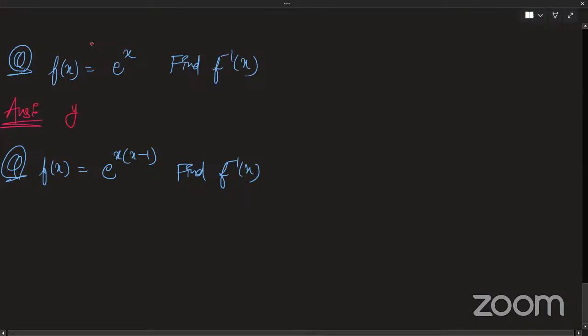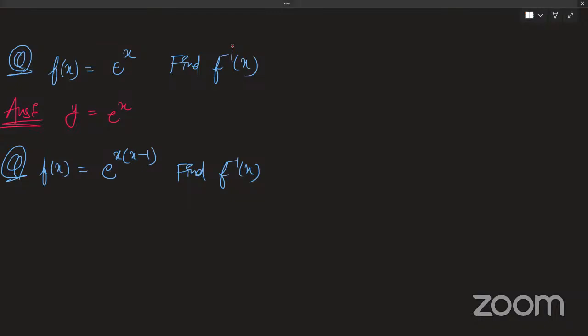So see, I have y is equal to e raised to x. Tell me, can I separate x and y? Is it possible? Tell me how. Please tell me, there is an answer for sure.